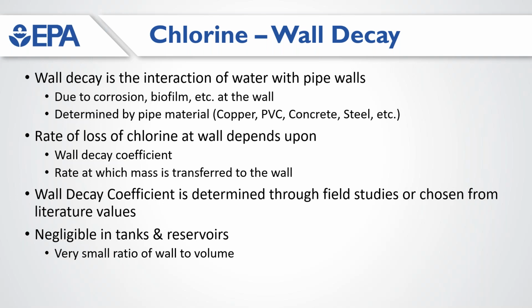Field studies are probably needed to calibrate this wall decay coefficient, or people choose from literature values, for PVC or cast iron pipes, or map the corresponding pipe roughness to a wall decay coefficient. Again, it's quite complicated. In reality, I don't know how many people really do field study and calibration to understand the wall decay in their system.